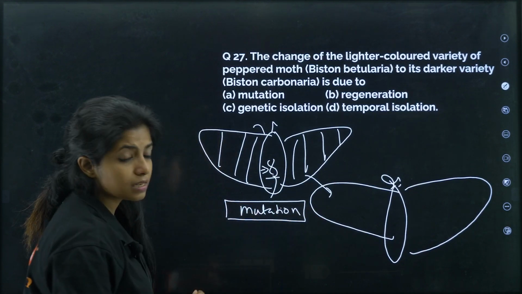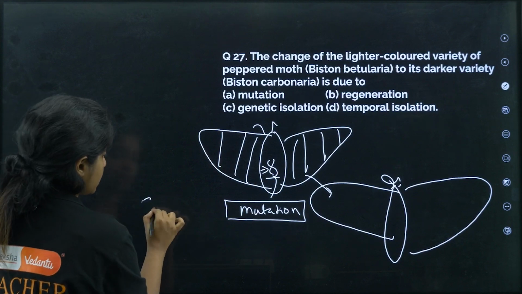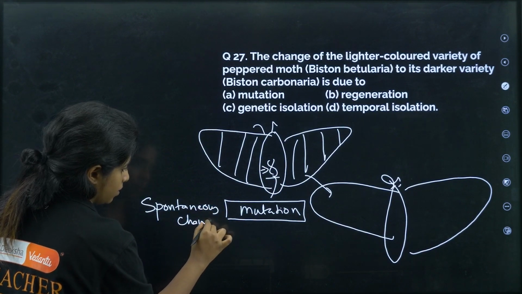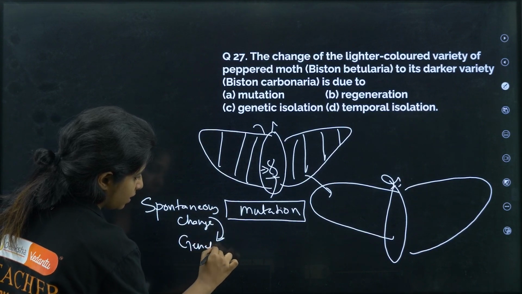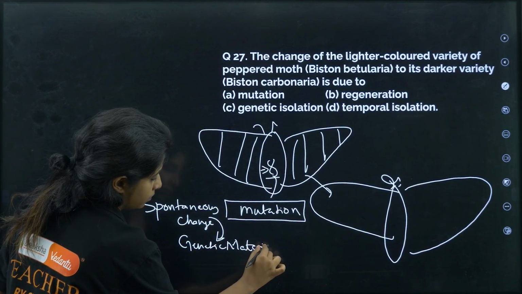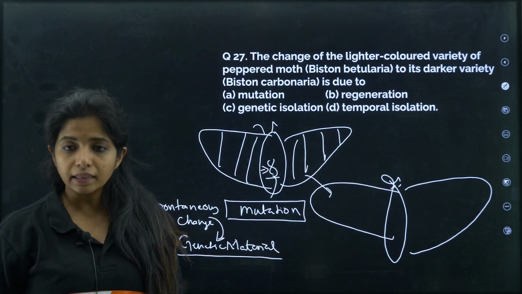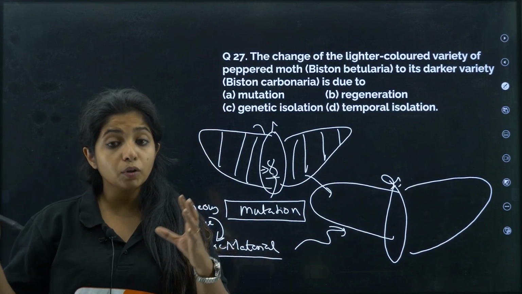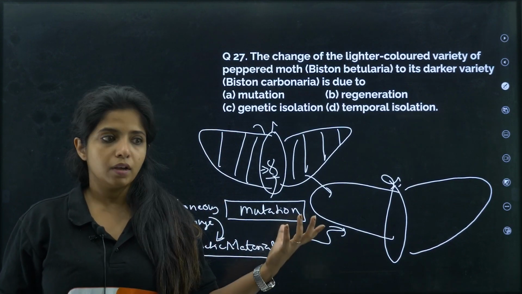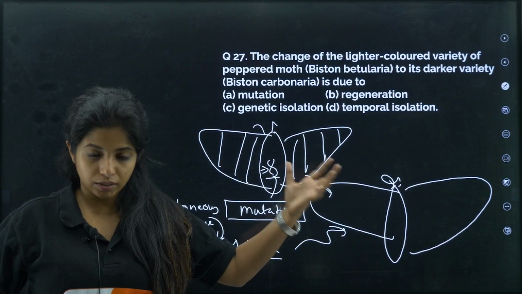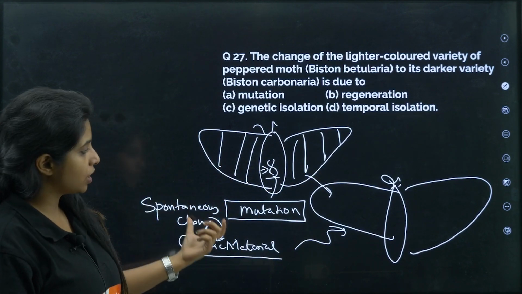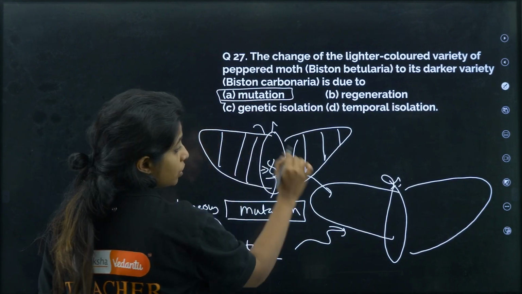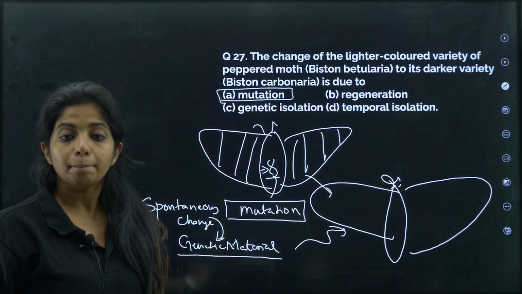Whenever we say there is a spontaneous change in the genetic material, it would give rise to different characters. Now this can be good, this can be bad. Some mutations can lead to cancer also, or any type of diseases. So some variations can be good, some can be bad. But this spontaneous change that is occurring in the gene is known as mutation. So this becomes your answer. So this is a good change that happened, and you have a different variety that was having black colored wings, and they survived.